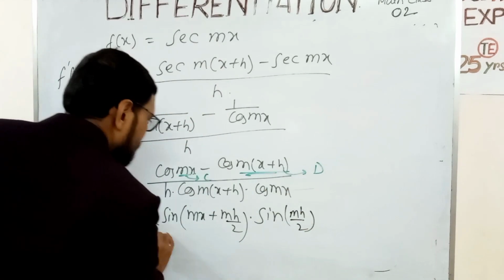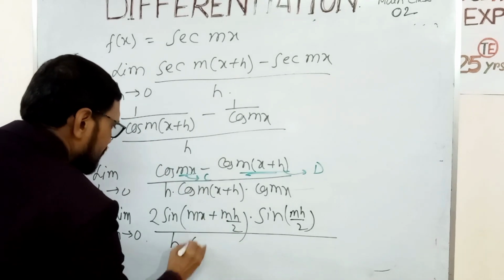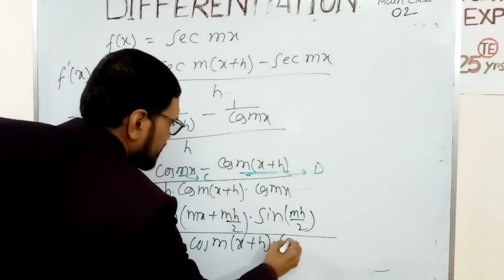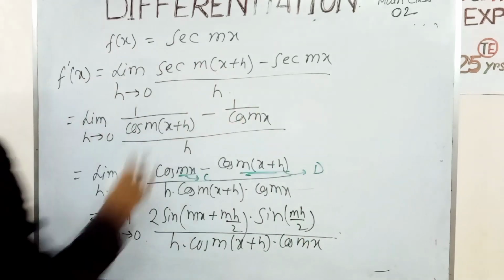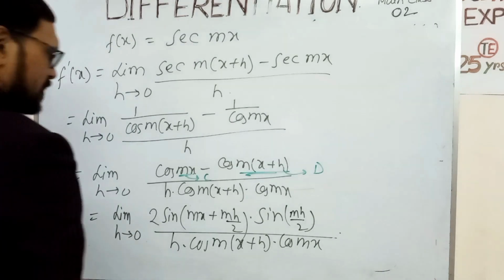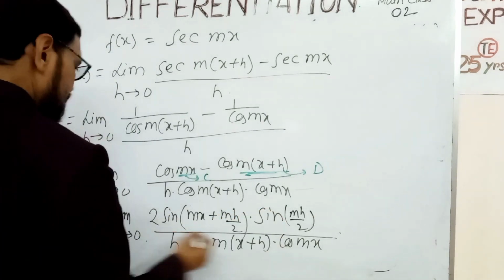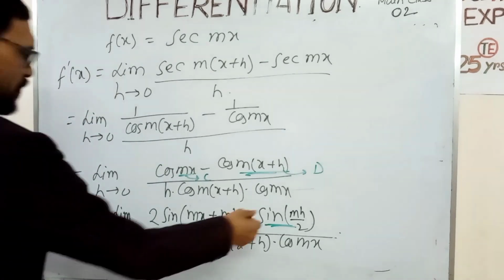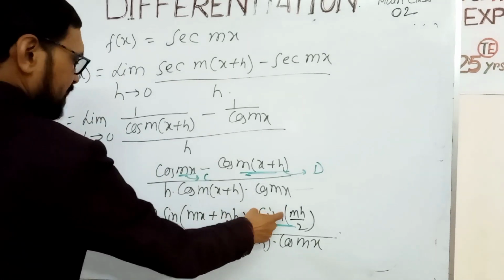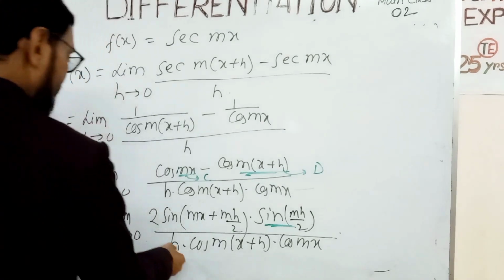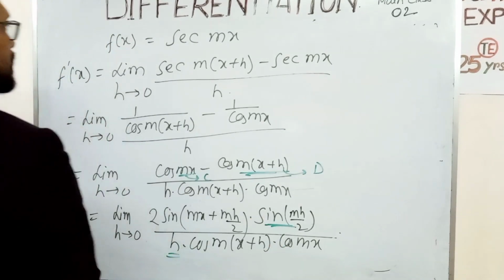by h. So this and this, this and this. So for the limit, we can apply this by this by adjusting m.